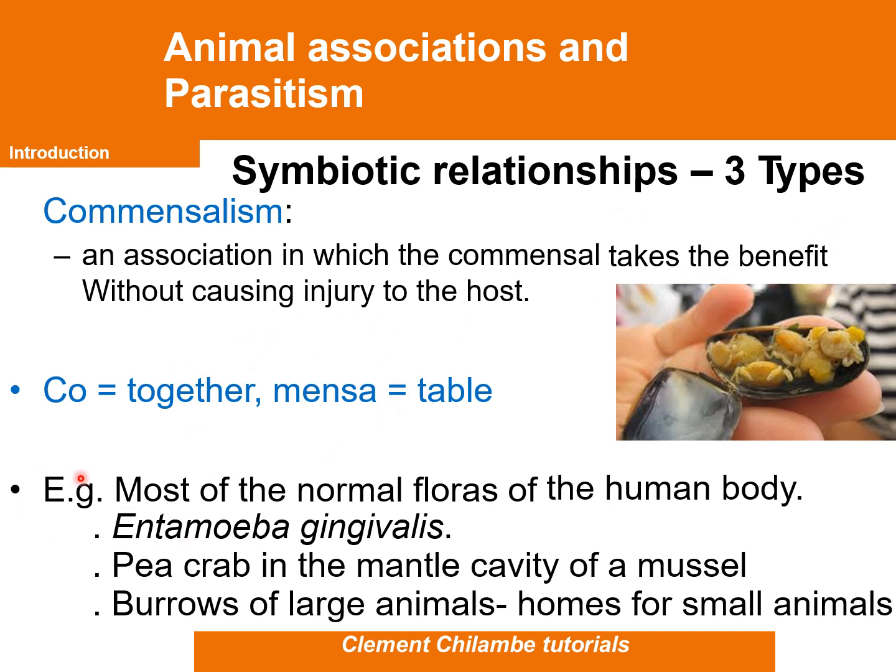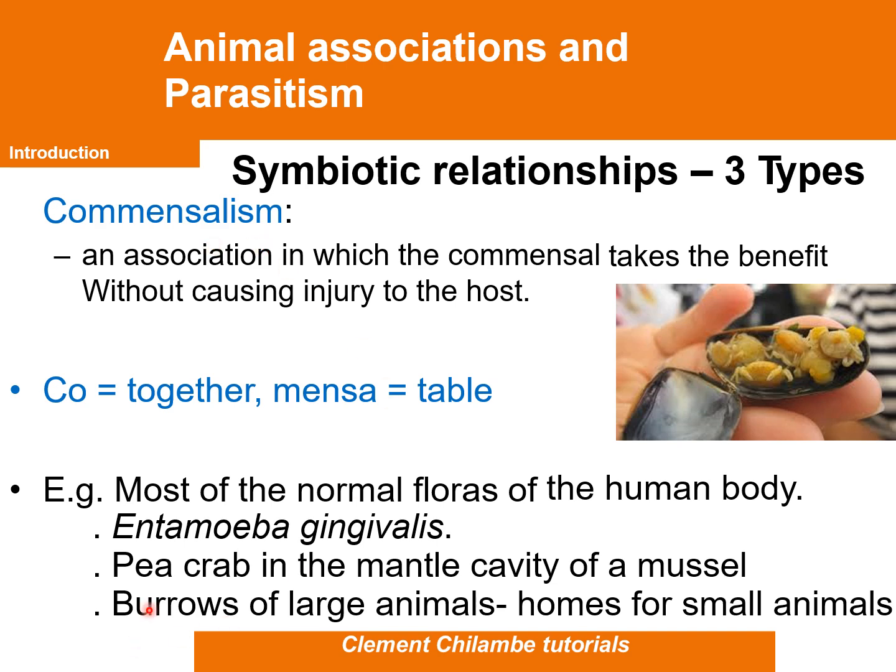Examples of commensalism. Number one, most of the normal flora of the body. Okay, the normal flora of the body are actually recognized to be an example of what? Commensalism. Then other examples include Entamoeba gingivalis. This normal flora here is also an example of commensalism.